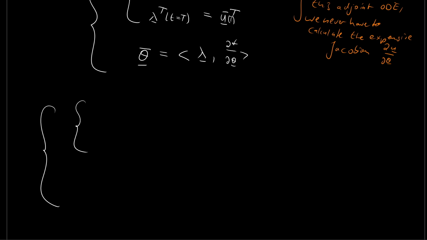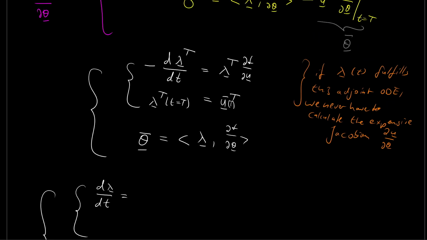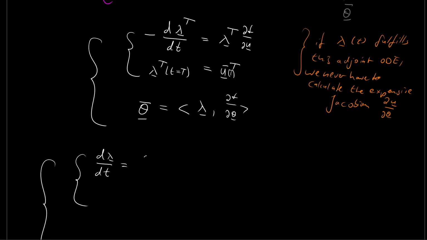First, the solution to the ODE problem, which will be d lambda by dt, and let me also move the minus sign to the other side of the equation, is minus df by du in brackets transpose times lambda. And as the terminal condition, we will have lambda evaluated at t equals capital T is essentially the cotangent at capital T.